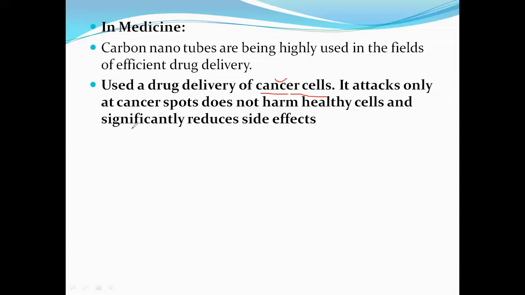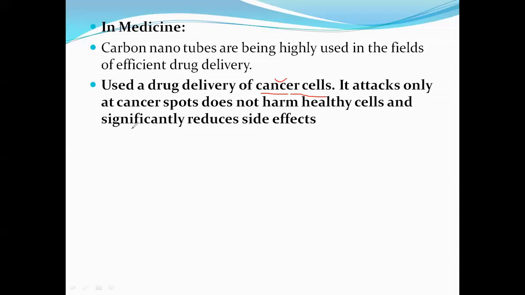These nanomaterials, when used in medicinal applications, have excellent drug delivery character. What is drug delivery character?